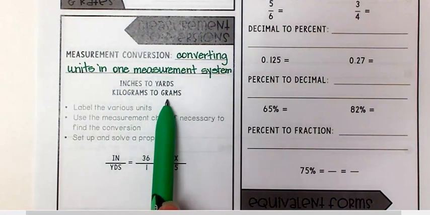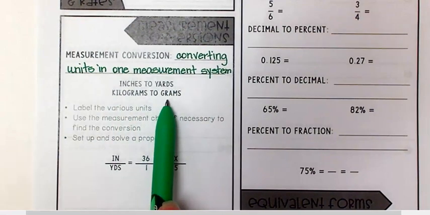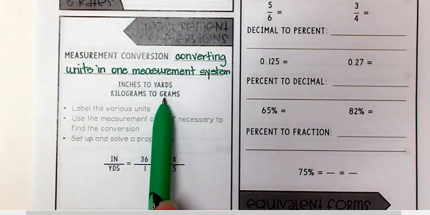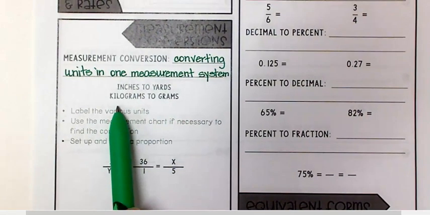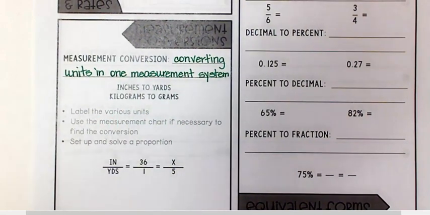Kilograms to grams, those are both measures of mass, and if you know how many grams there are in a kilogram, you can do that conversion. You need to label the various units and use the measurement chart on your star chart if necessary to find the conversion that you need, and then set up and solve a proportion.